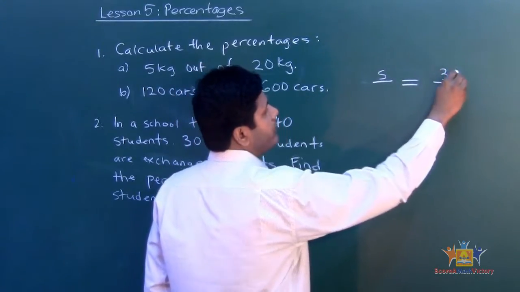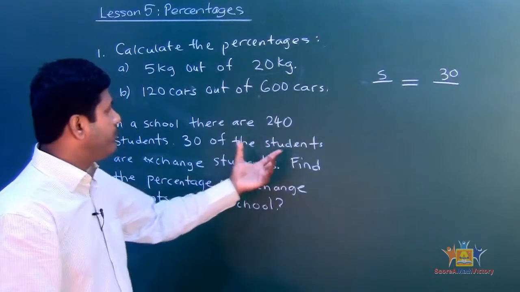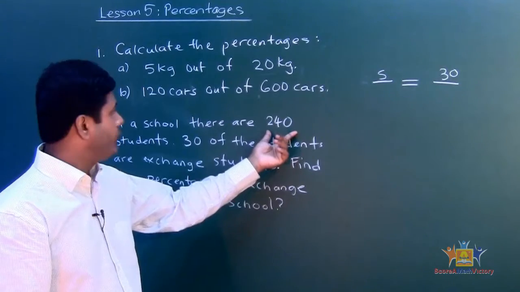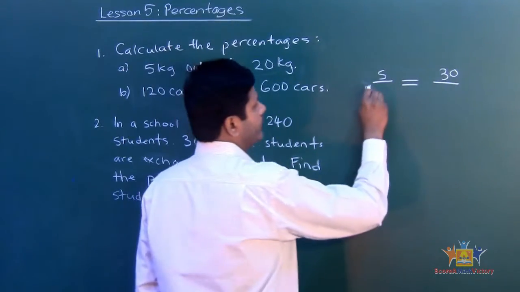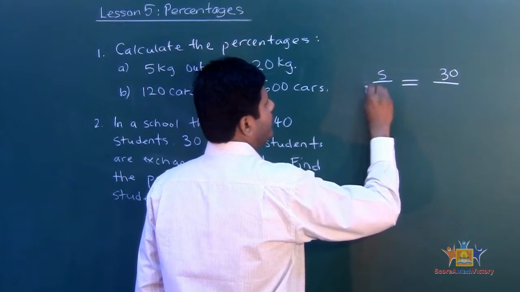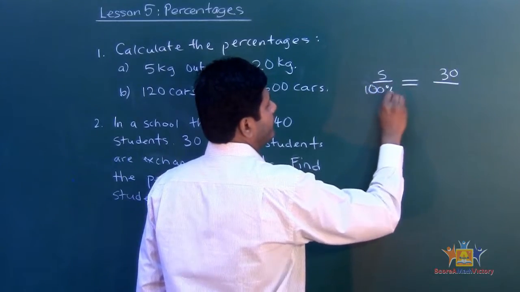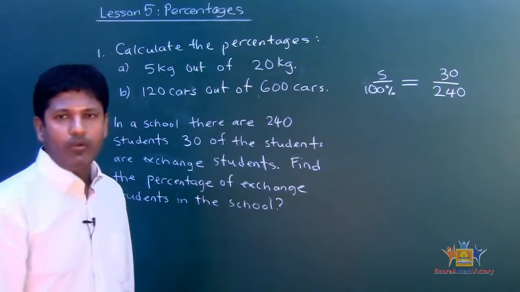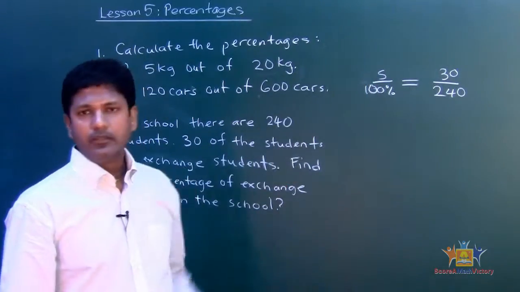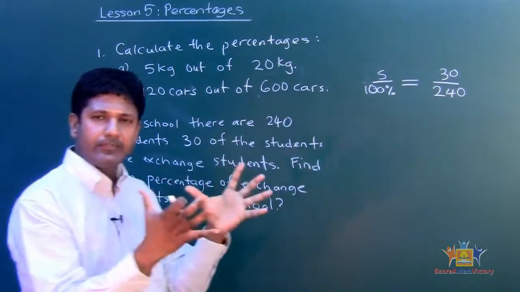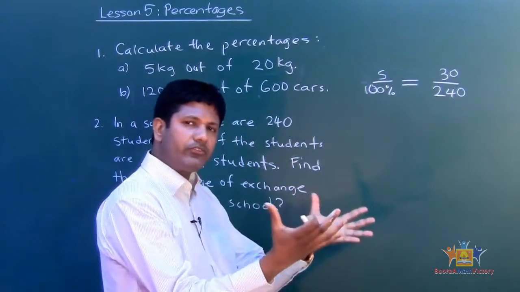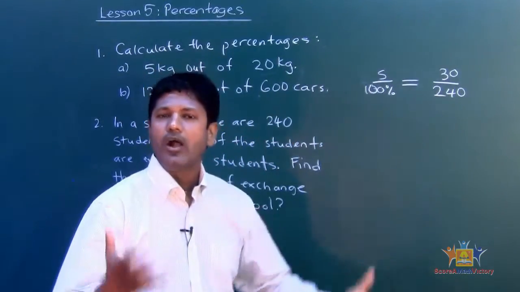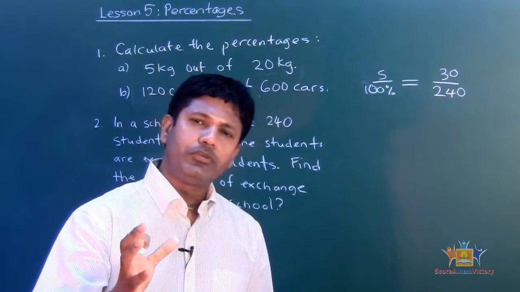Okay, we're just going to put 30 right there. Now 100%, how many students? 240 students. So 100% is 240 students. Okay, so we're going to put the 100% and we're going to put 240 right there. And I'm looking for what? S. Alright, so I have to isolate S. In order for me to isolate S, who's got to go? The 100%. And what's 100% doing to S?